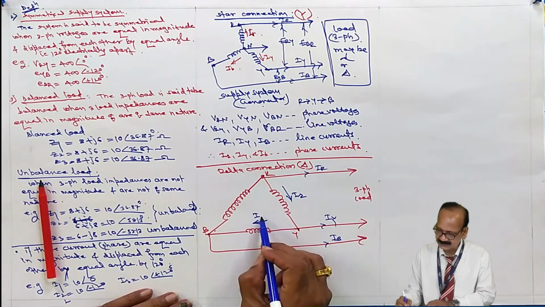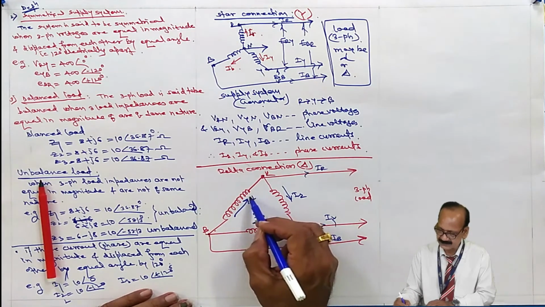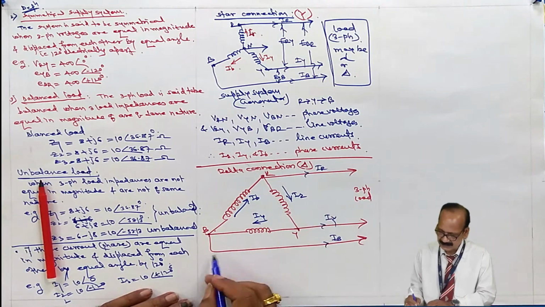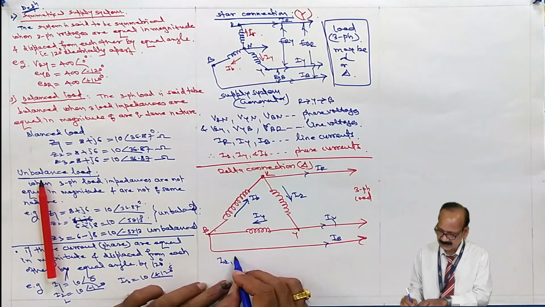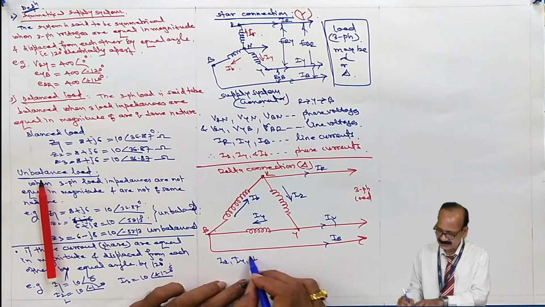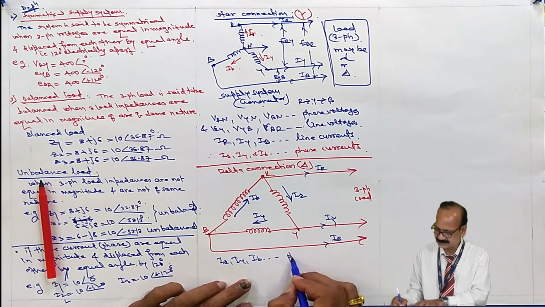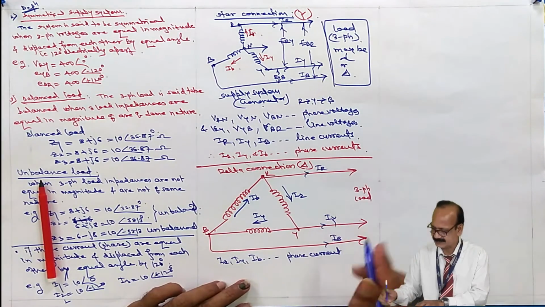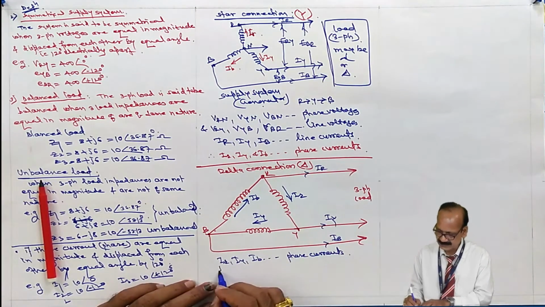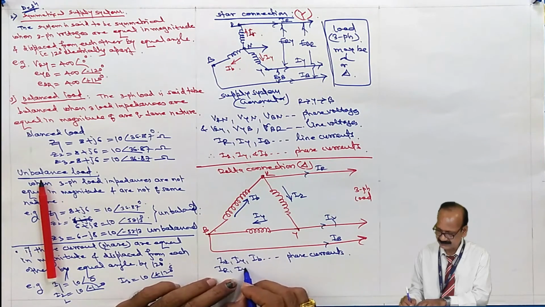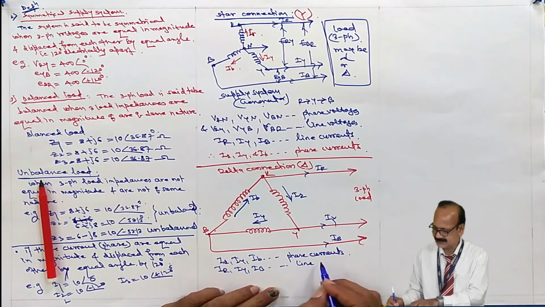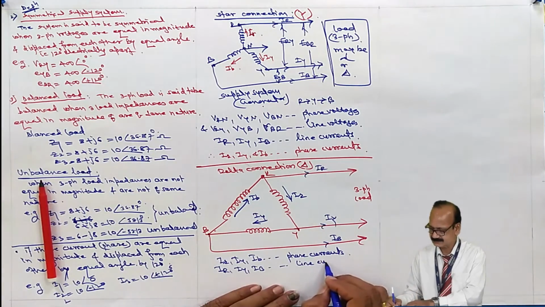This is IY, and this is IB. These small IR, IY, and IB are the phase currents, but they will flow only when the load is connected. And capital IR, capital IY, capital IB are the line currents because they are flowing through the lines.